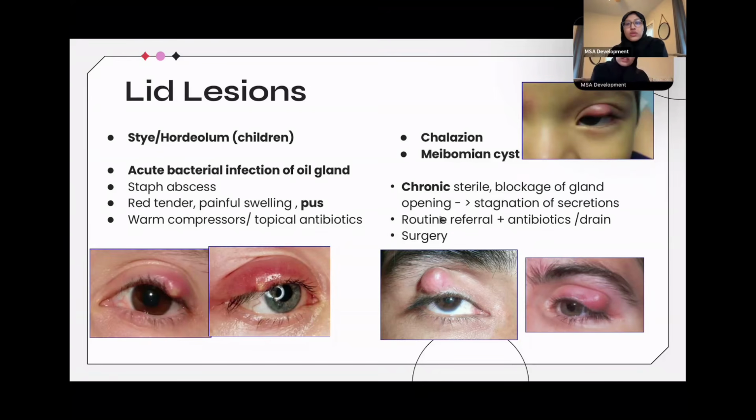The treatment for this is routine referral. It's not an emergency, but you can use antibiotics and do surgery to remove it because it's chronic and it doesn't look good on the eye, right? So you can drain it or do surgery to remove it. The sty will go away with antibiotics and warm compresses because it's acute bacterial.